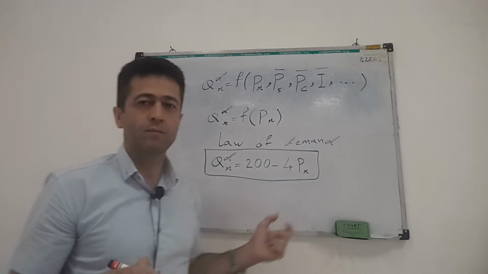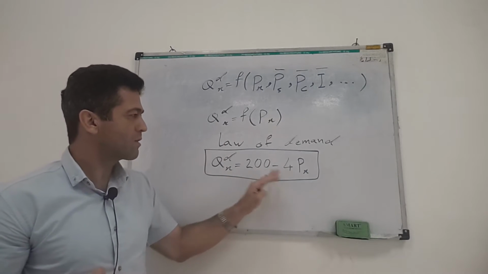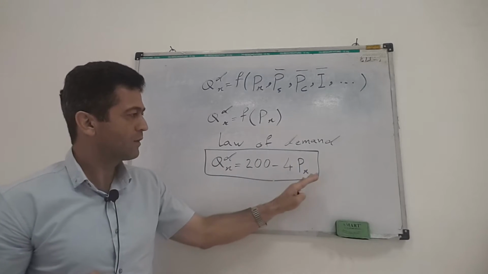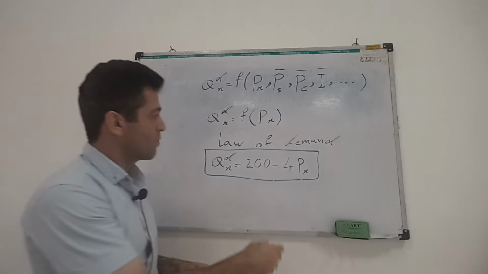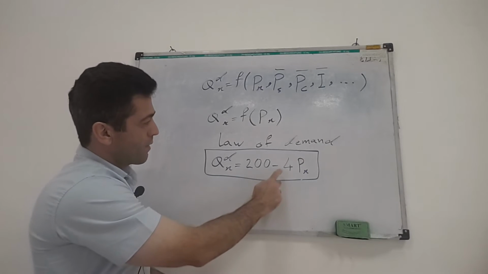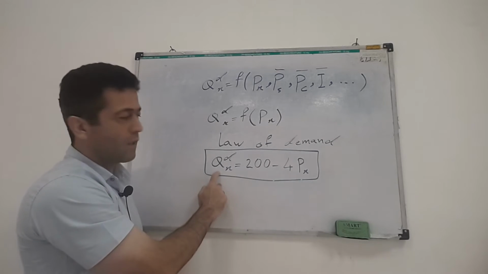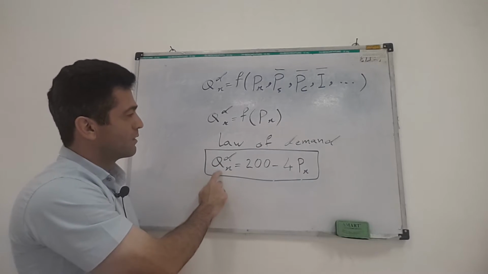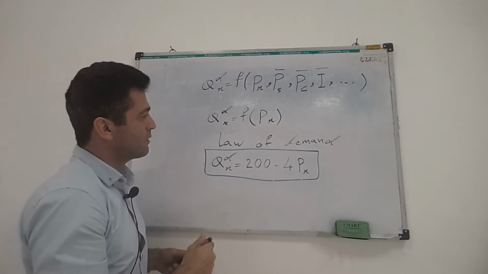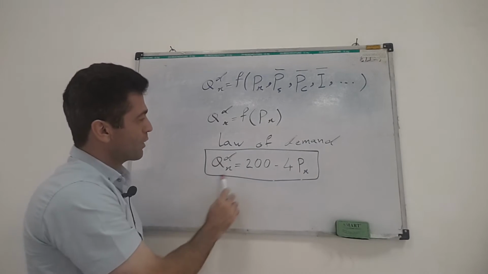This is an example. Consider the quantity of demand for X equals 200 minus 4 Px. As you see in this equation, there is a negative relationship between the price of a good and the quantity demanded for a good.